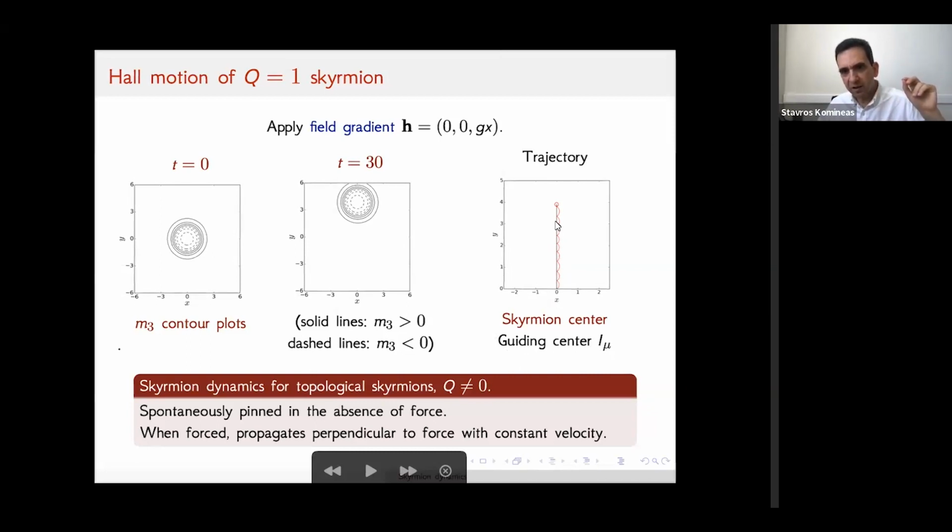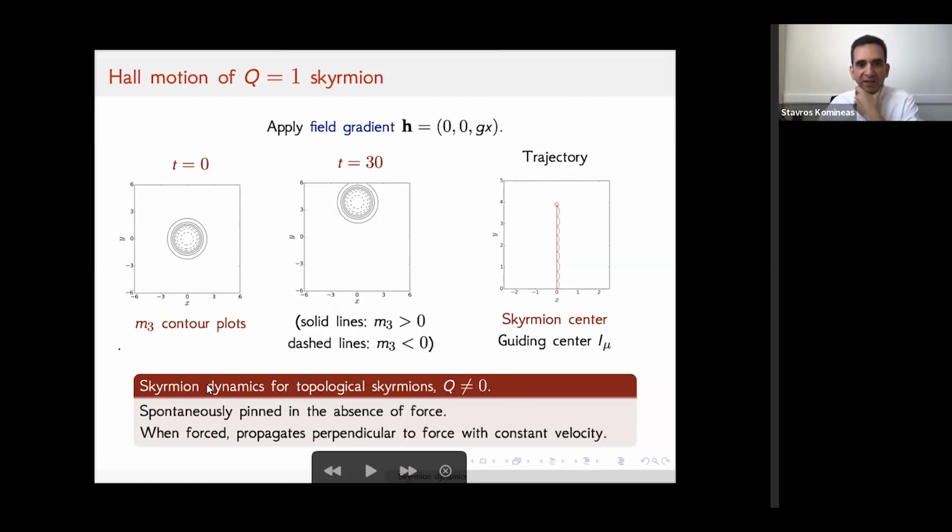This is this black line. It is an exactly straight line that the skyrmion follows under this force, if you define its position to be given by what we call the guiding center, that is the moments of the topological density that are actually a measure of the position of the skyrmion. It's like, as I said, the center of mass of the skyrmion.